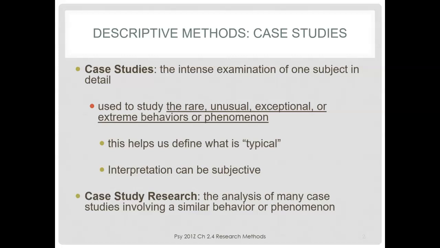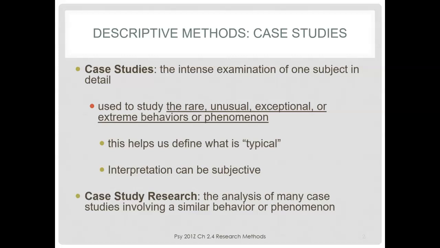So few people have DID that we can't create a pool of subjects to study. There's just not enough people with DID to make that possible. And so what we do is we use case studies.